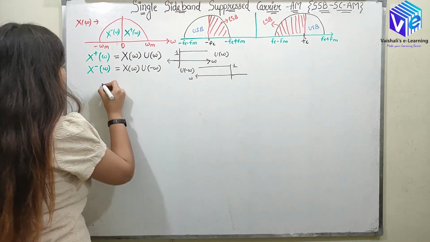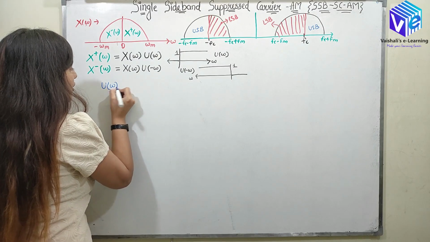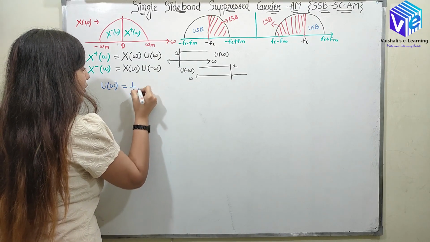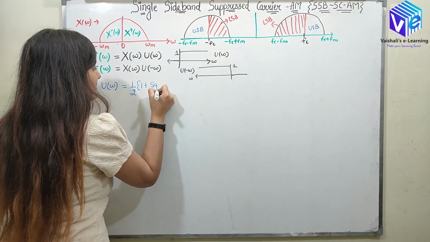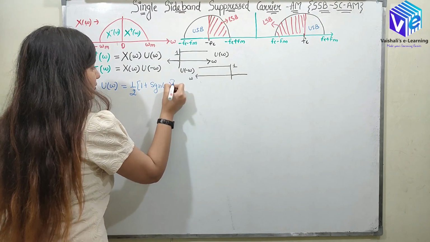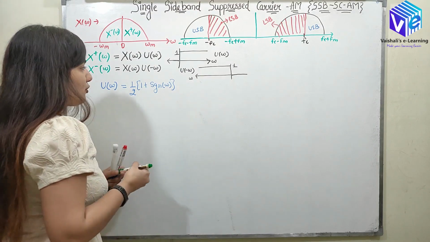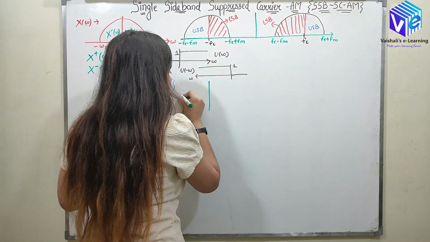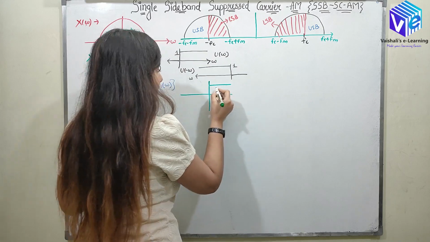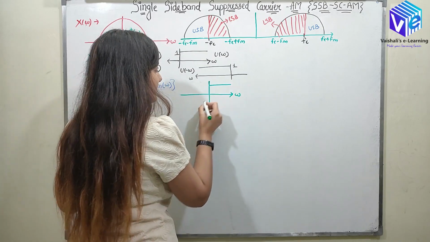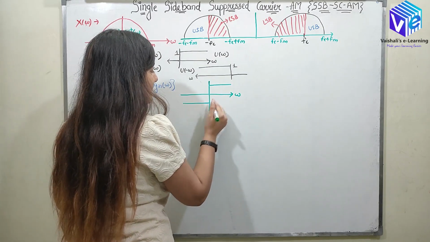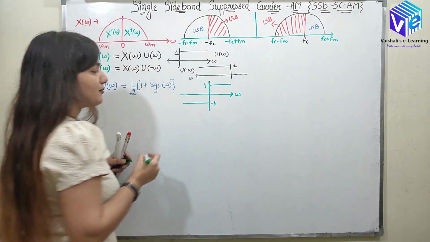Now I know I can represent u of omega as half of 1 plus signum of omega. There is a reason why I am doing it; you will get to know it later. I know what signum of omega is. Signum of omega is 1 for omega greater than 0, and it is minus 1 for omega less than 0.